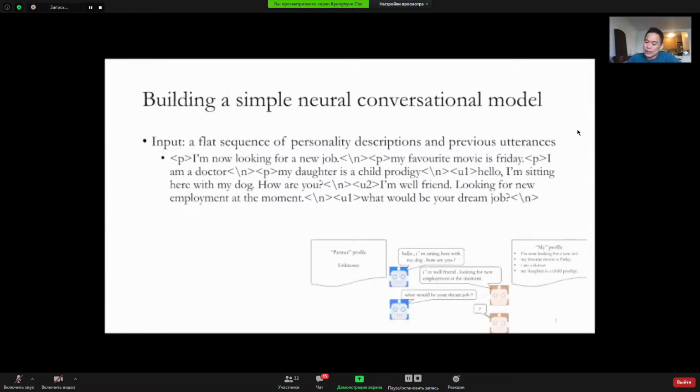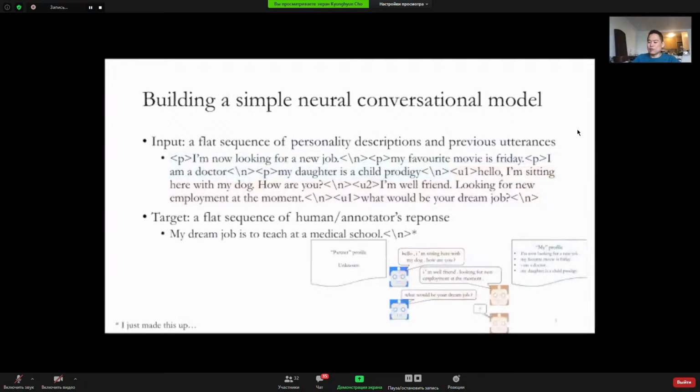And it turned out that it doesn't really require too much magic or techniques. All we need to do is simply flatten the sequence of personality description and previous utterances, all of them, and say that, okay, this is my source sentence. And then we say that the target is going to be, again, a flattened sequence of the human annotator's response.